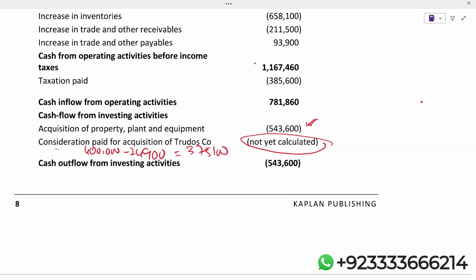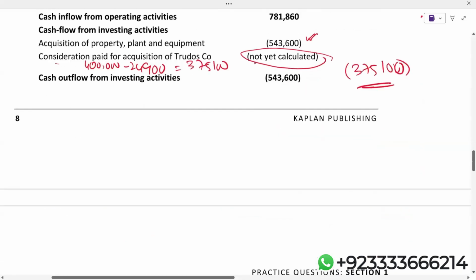So this will be your outflow. Actually, the entire 400,000 will not be an outflow because if we are paying 4 lakh, we are also getting 24,900. So the outflow is 3,75,100. Now let's quickly check taxation paid.